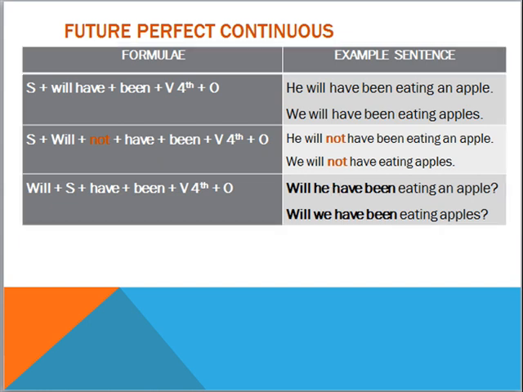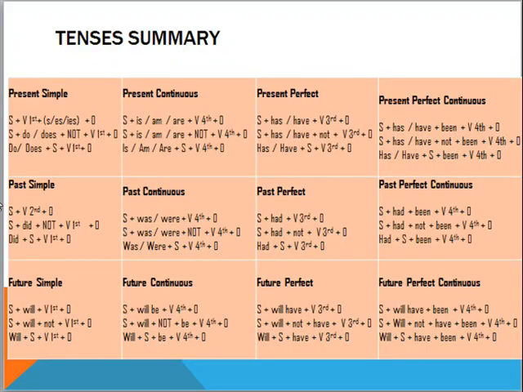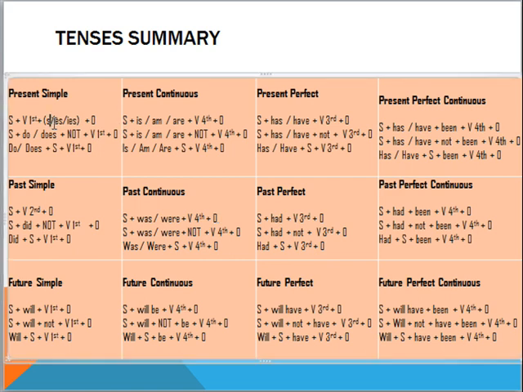Okay guys, these are the sentences with a formula of all the tenses, and here's a complete summary of all these tenses we have covered. Mostly in present simple we use the verb's first form, except in one sentence type.